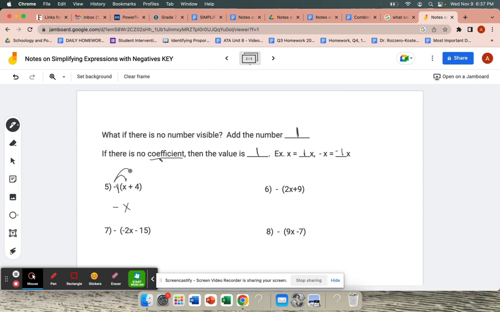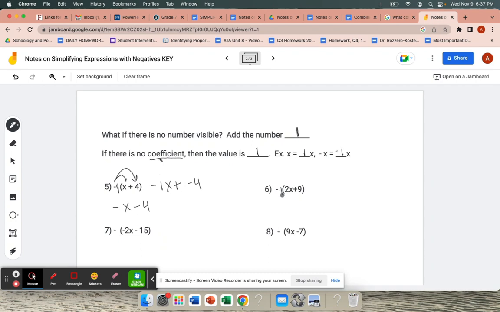And then negative 1 times 4 is negative 4 or minus 4. We could have also done negative 1x plus negative 1 times 4 is negative 4. They're the same thing. Just adding that 1 helps you see what to distribute.